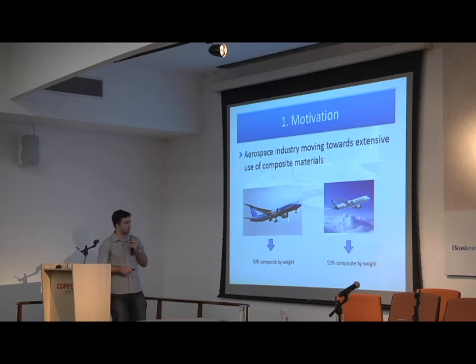The Boeing 787, it's already flying. It has about half by weight of composite materials, 50%. And the Airbus 350, they promised it will be 53% composite, but we don't know yet. It's not operational.